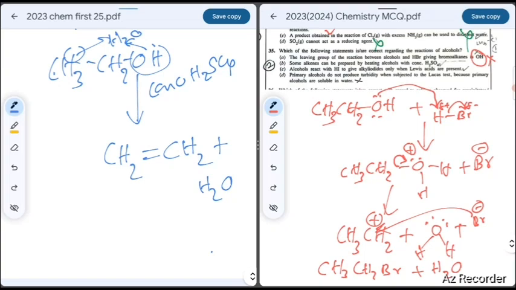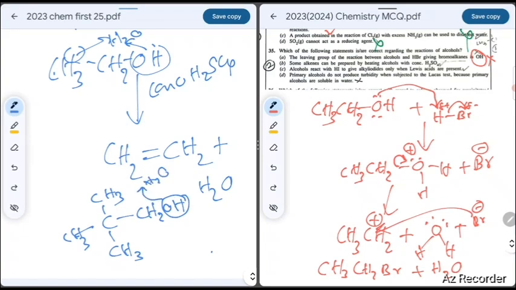Yes, but the adjacent carbon should have hydrogen to remove H2O. Why? Now, if I take a compound like this, and here it has CH2OH, right? Now, this OH should have another H to move as H2O. So, from where does this H come? This carbon does not have any hydrogens.